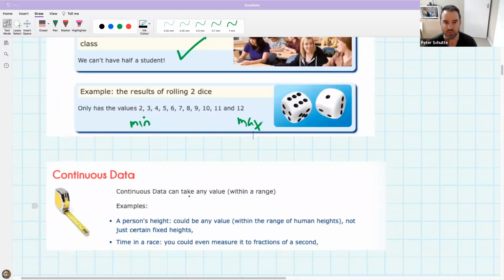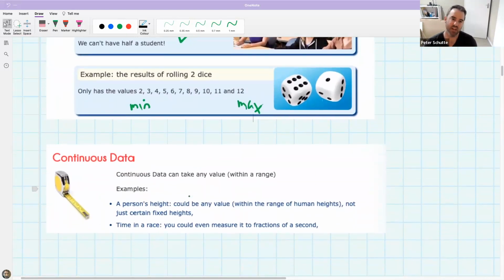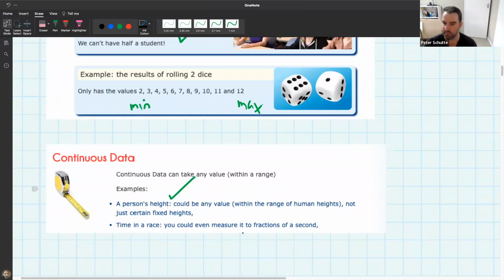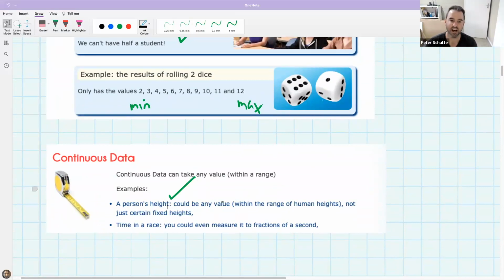And continuous data is data that can take on any value within a range. So a person's height can be any value within a range. It can be a half centimeter, or a quarter centimeter, or it can vary like that. Or the time you take in a race.